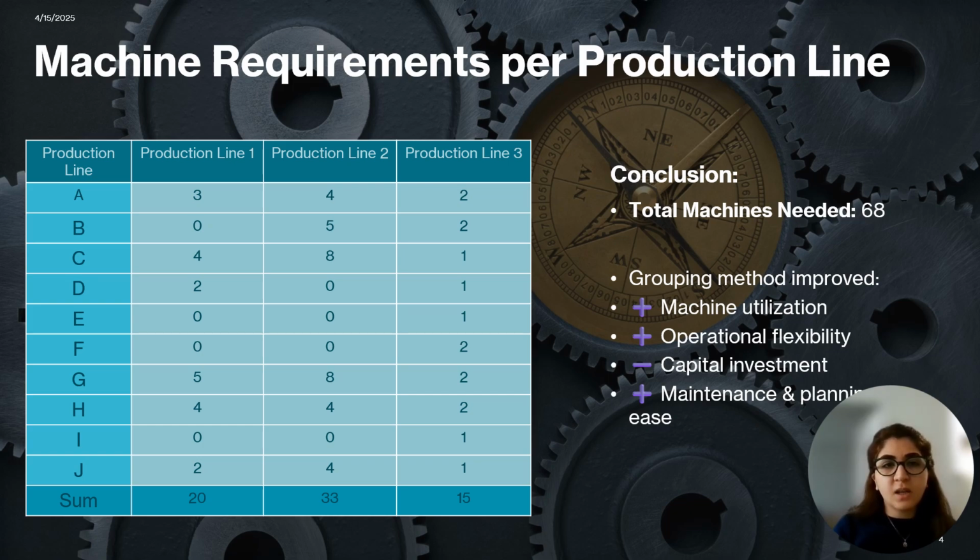This method grouped products based on similarities in their production process and demand levels, resulting in better allocation of machines and a more cost-efficient layout. When compared to other methods, this approach proves especially effective in setups involving multiple products and varying daily demands.